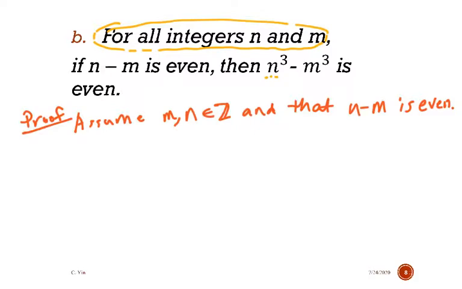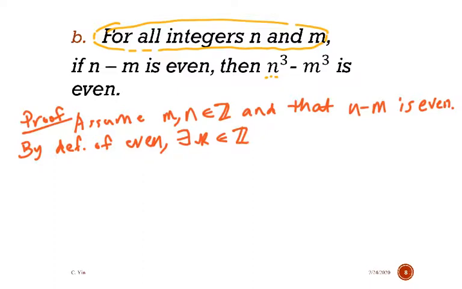And then just like before, we need to say, what does it mean for n minus m to be even? So let's just say by definition of even, there exists k that's an element of the integers.